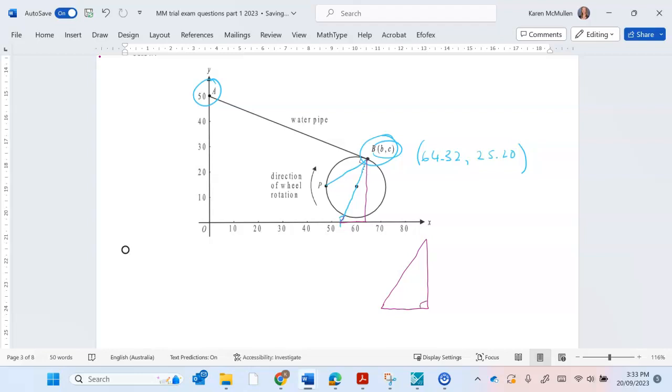Actually, I'm thinking now there's a different way of doing it. I'm wondering whether I should just use the distance formula and find the maximum.